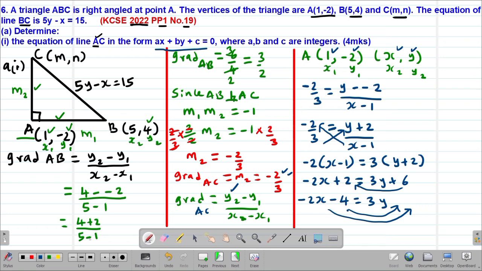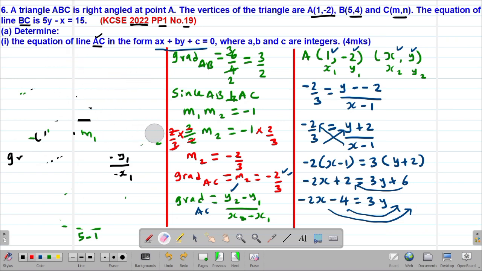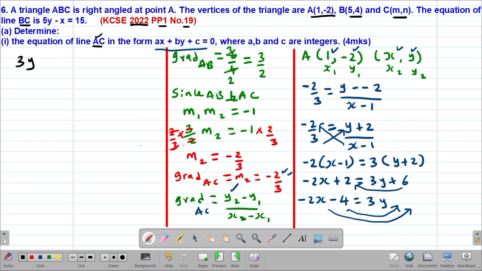So I'll just rearrange this equation. I end up with 3y, then when negative 2x crosses the equal sign, it becomes a positive 2x, and the 4 becomes a positive 4. On the other side, I'll still remain with 0.